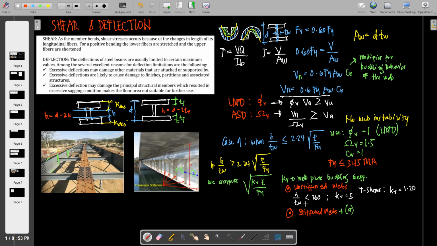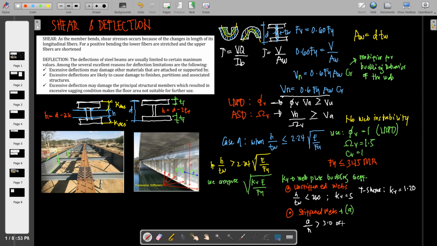Otherwise, if this would not be satisfied, then we'll have the value of A. So A will be in proportion to your H. Now, if it is greater than 3, we'll use the value KV is equal to 5.